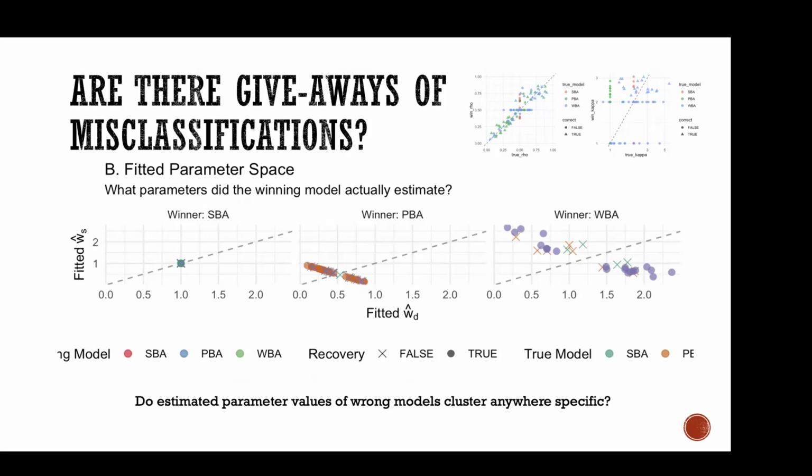When the winner is the proportional Bayes, the parameters are estimated all over the place. The errors are also all over the place, but it tends not to estimate things on the diagonal, because I think the SBA wins when they're too close to the diagonal.